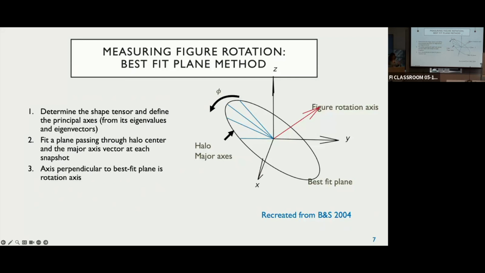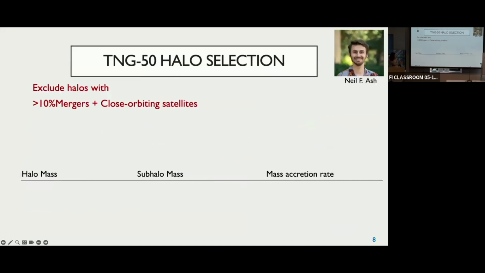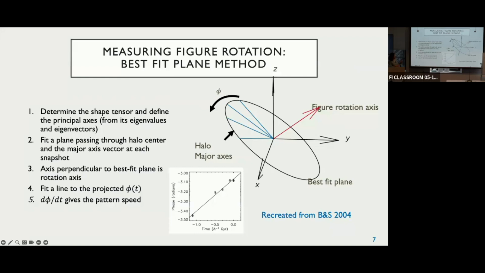So we developed a different way to measure this. We, meaning my graduate student, Neil Ash, developed this way, and I'll tell you about it in the next slide, but we applied it to TNG50 halos. One of the problems with this plane fitting method is that because it measures the moment of inertia or shape tensor, it's very sensitive to a small subhalo at a large distance doing an orbit, right?